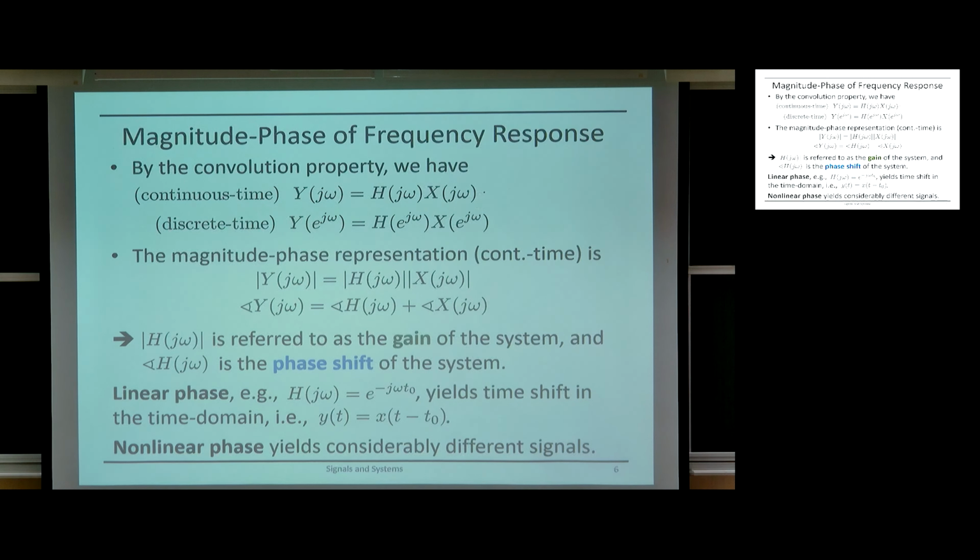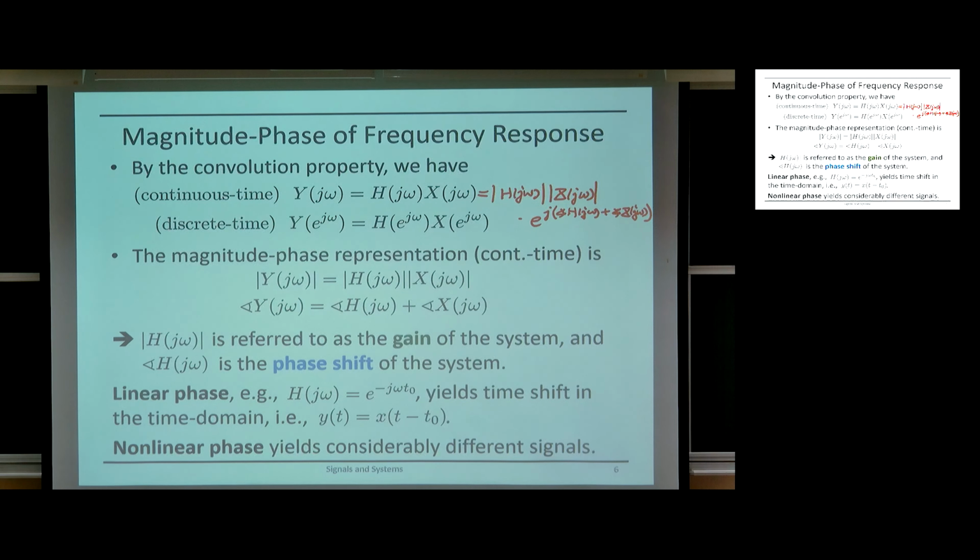So if we write this in terms of the magnitude and phase, we get the magnitude of H times the magnitude of X times e to the j, the phase of H plus the phase of X, okay?